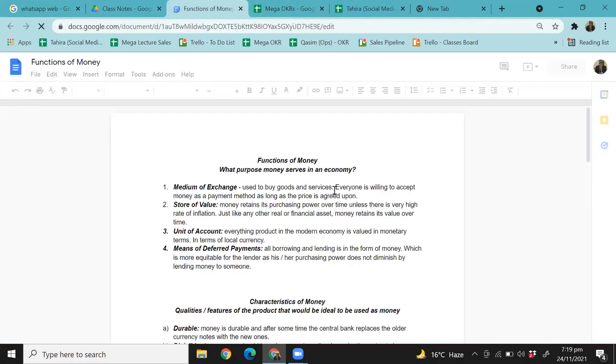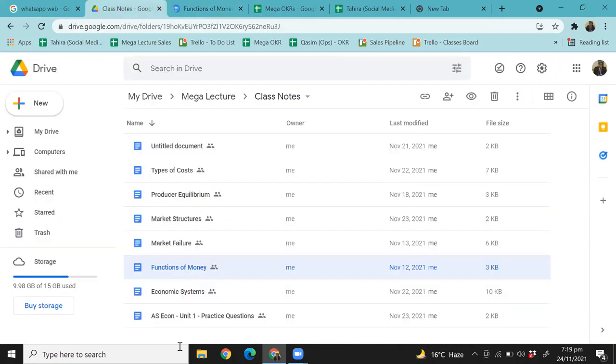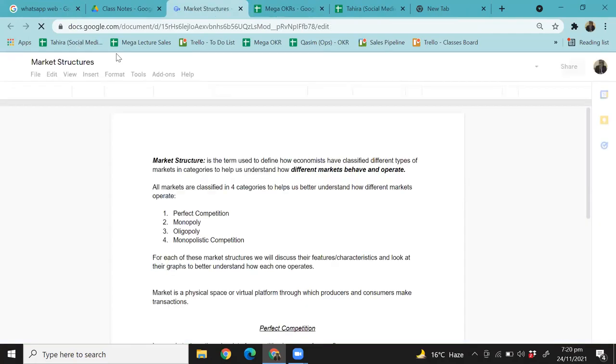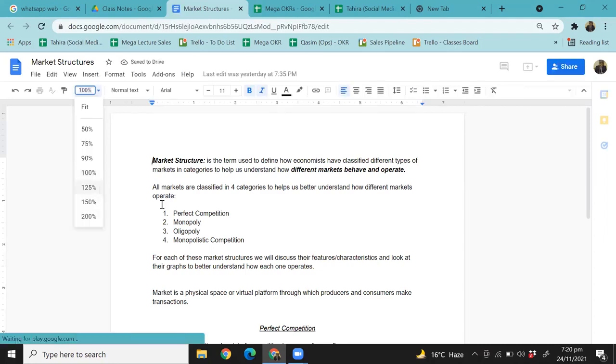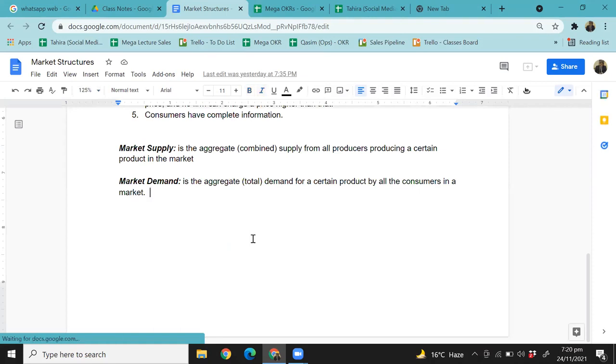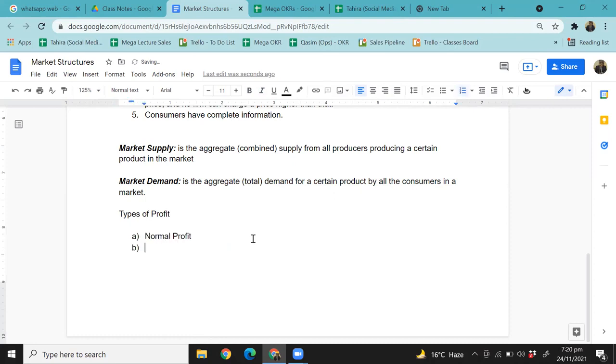Economists classify profit into two types: one is known as normal profit and the other is known as abnormal profit, sometimes also defined as supernormal profit.